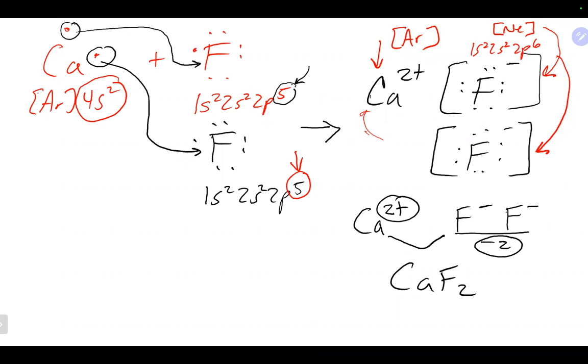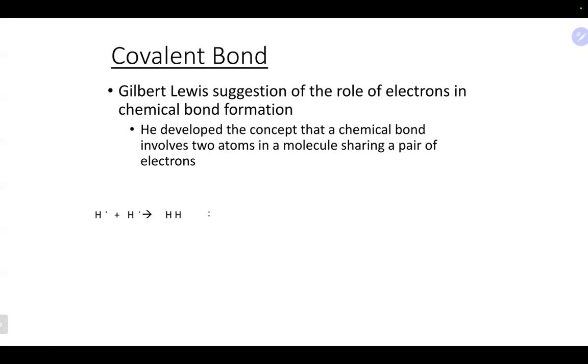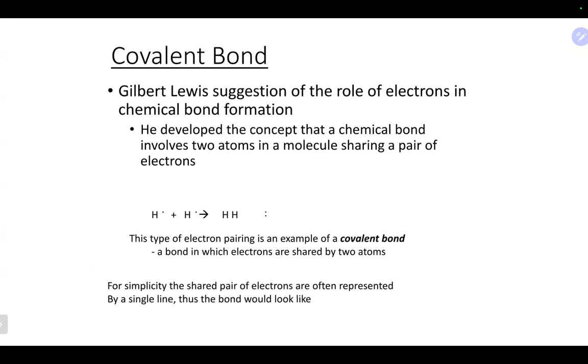Okay. Then we're going to move on to talking about the other type of bonding, which is clearly missed very badly in all my drawings here. Covalent bonding. So unlike ionic bonding that we just talked about, covalent bonding is always between two nonmetals.